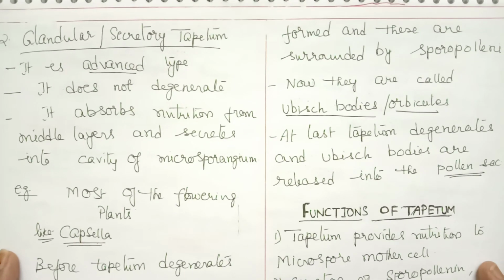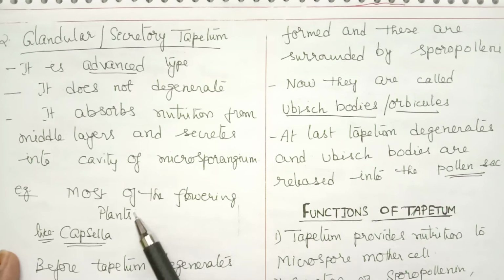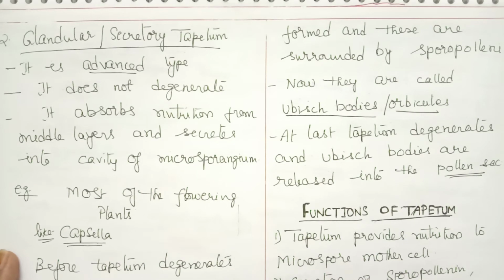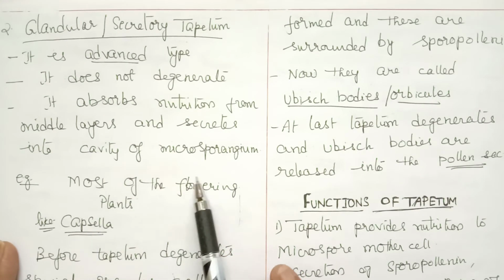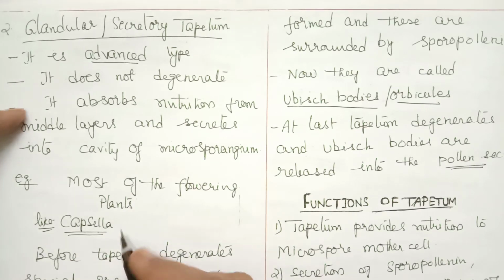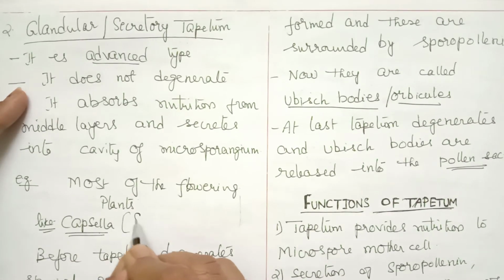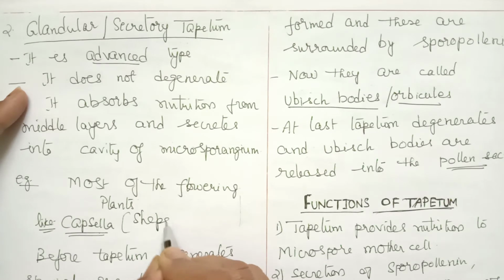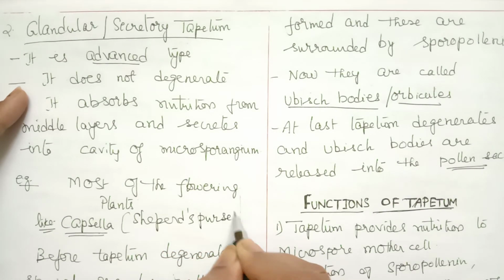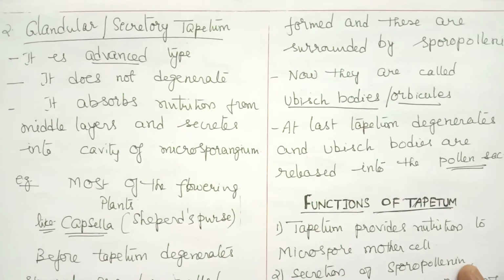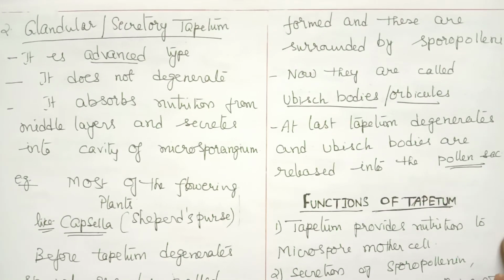So they do not degenerate and provide the nutrition; instead, they secrete the nutrition into the cavity of the microsporangium. For example, in Capsella. It is found in most of the flowering plants. Capsella is commonly also called shepherd's purse.